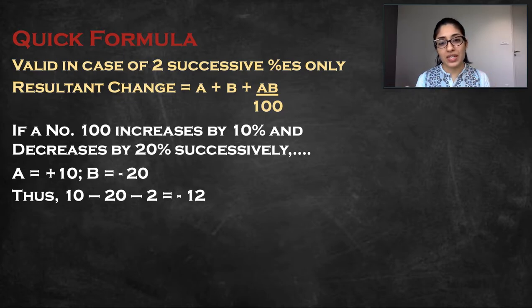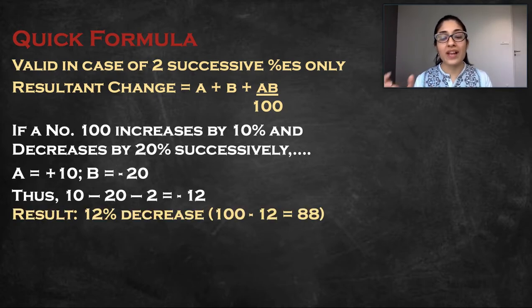When I put these values in the formula given above, I get 10 minus 20 minus 200 upon 100, resulting in minus 12. So overall change is a 12% decrease. My final answer would be 100 and 12% decrease on 100, which gives you 88.